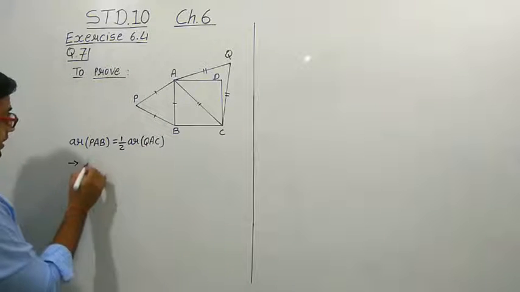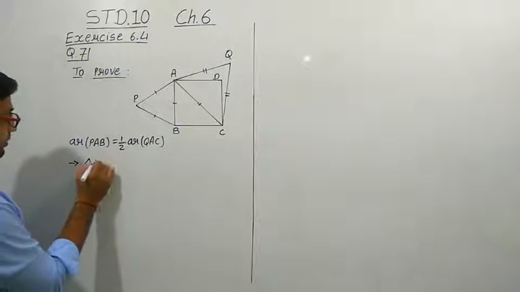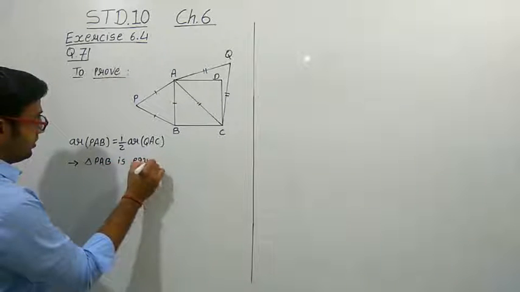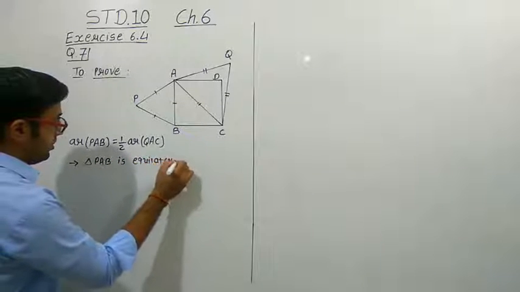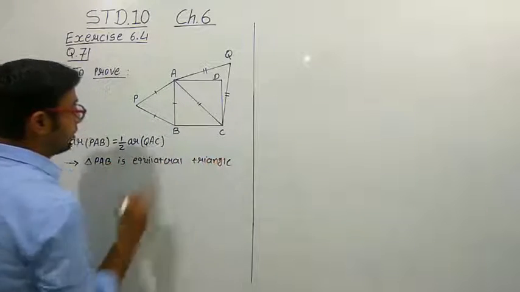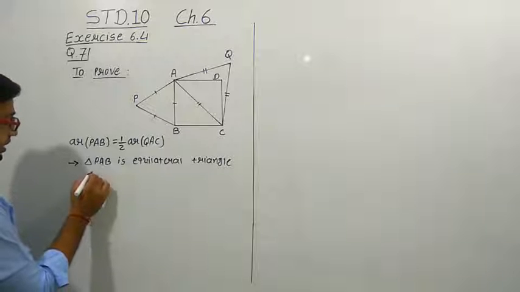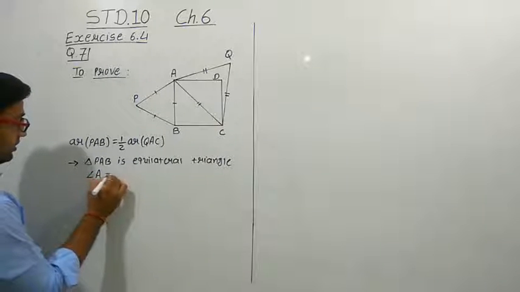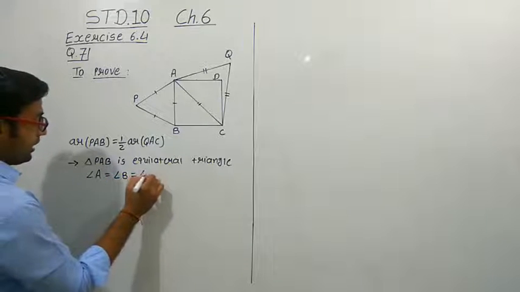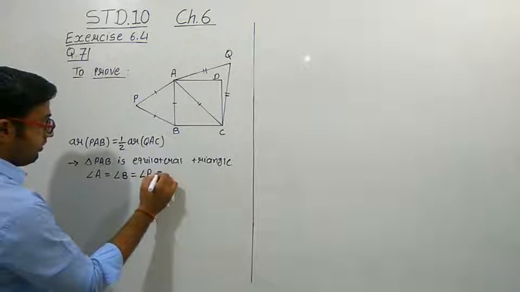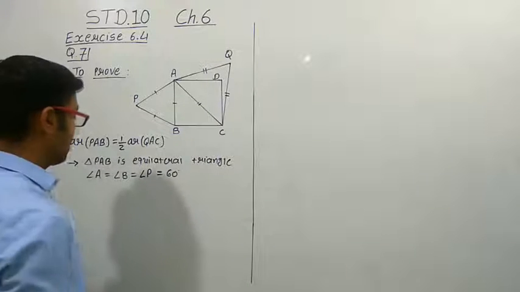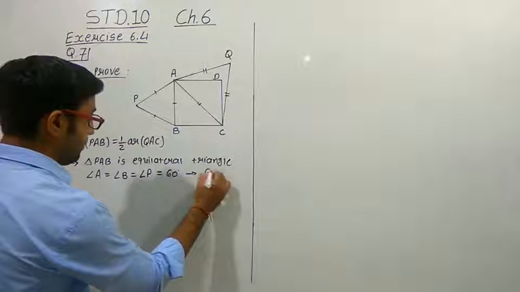So let us write down that triangle PAB is an equilateral triangle, so angle A is equal to angle B is equal to angle P, and that will be equal to 60 degrees. All these angles are 60 degrees, right? Give it equation number 1.